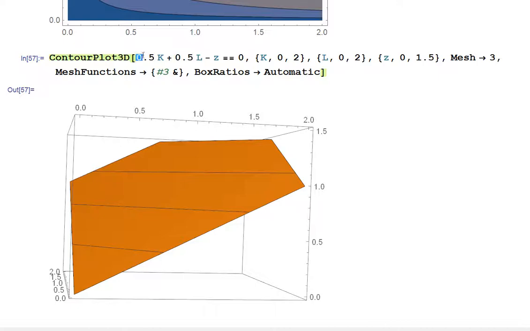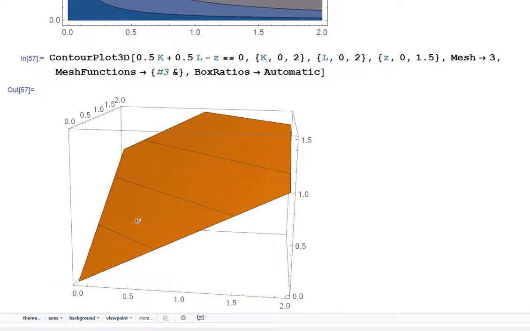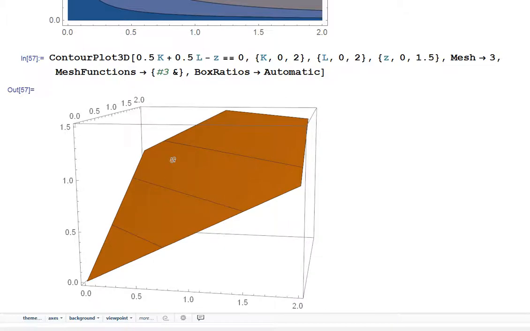So what is written here, for the given levels of K and L, will be the total cost of hiring that much K and L. And you can see here the resulting surface. Since this is linear in K and L, here we get a plane.